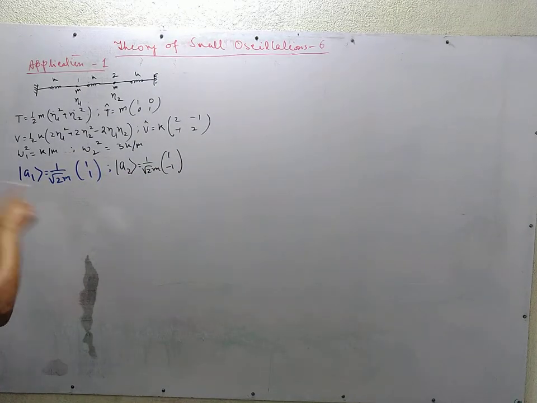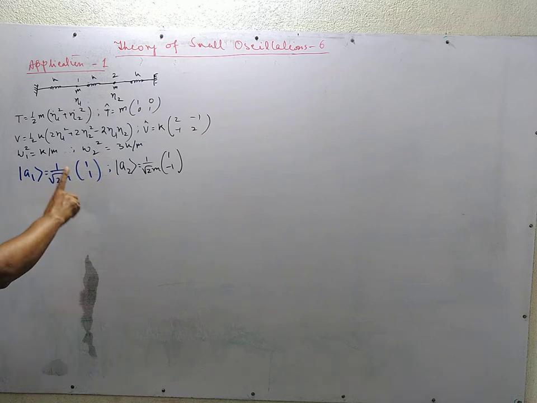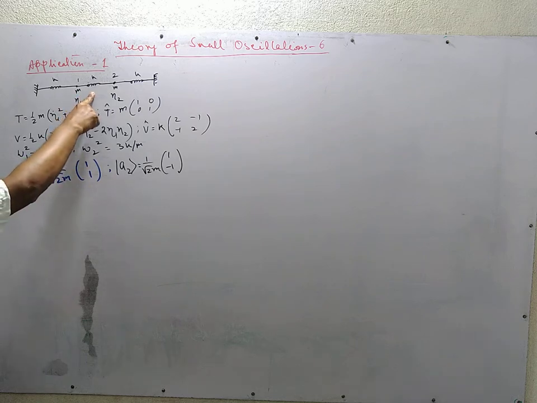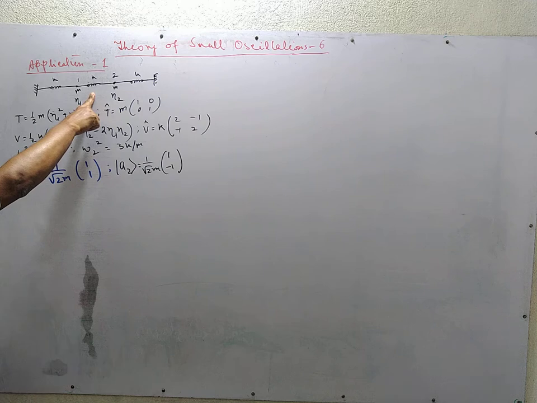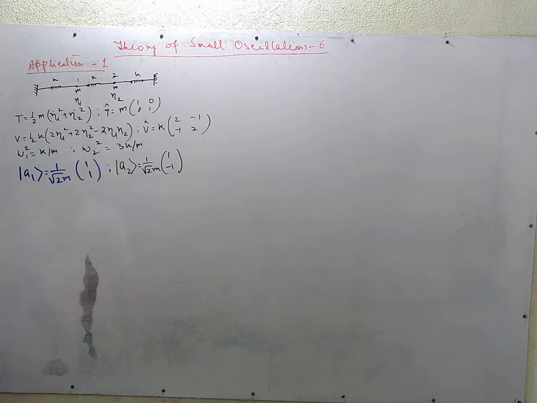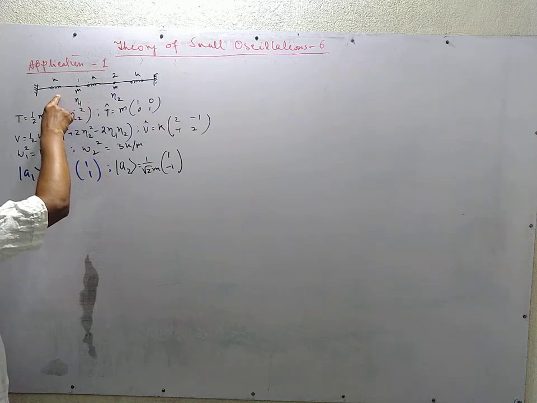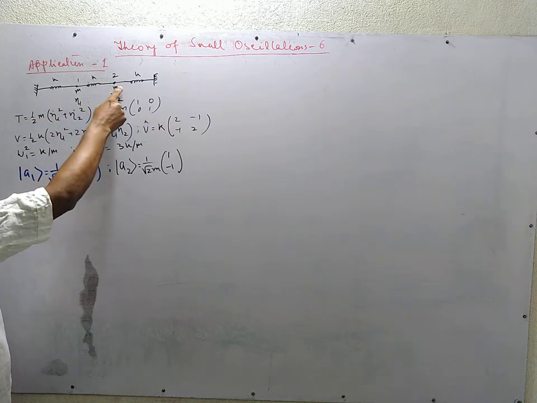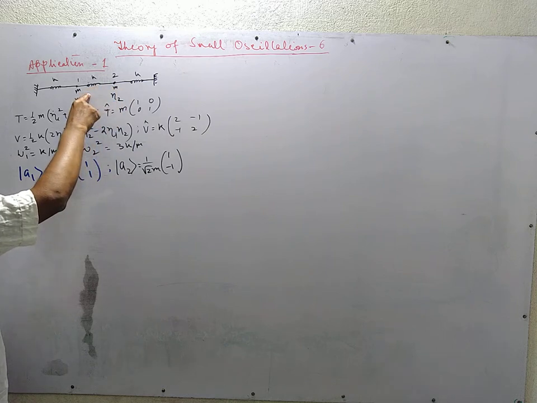So the message is that if the particle 1 moves towards the right from its equilibrium position, then the particle 2 also moves towards the right, or if the particle 1 moves to the left from the equilibrium position, the particle 2 also moves to the left.